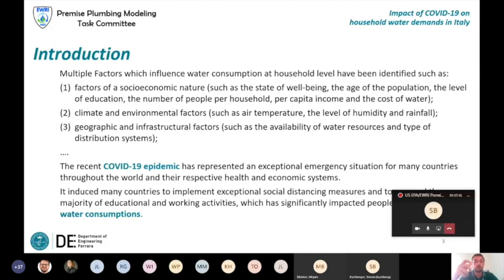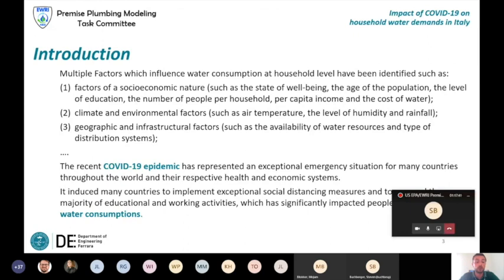Indeed, we all know that household water consumption is affected by several different factors, such as socioeconomic, climate, or geographic factors. Some of these are more important, some are less important, but in the last months, we have seen that a new factor can influence household water consumption.